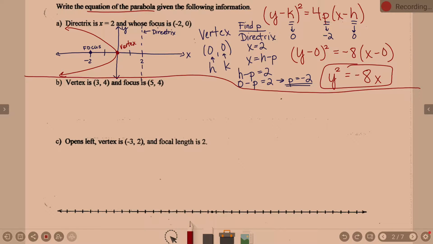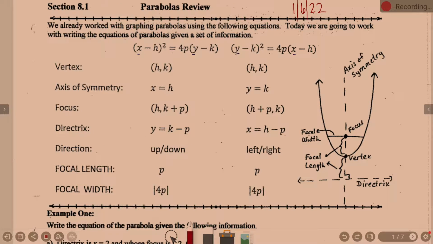Over in the left column, the vertex and focus have H in common, but not K, because it's K and K plus P. In the second column, it's H and H plus P, so the first number is not in common, but the second number is, K and K. So this parabola is another second column parabola. It's going to open either left or right.